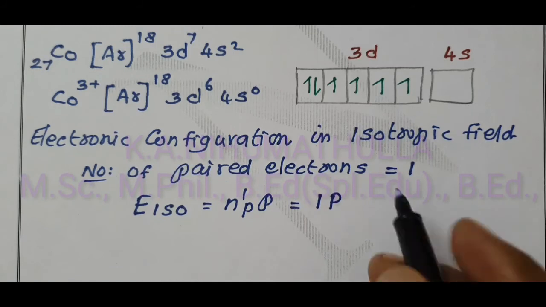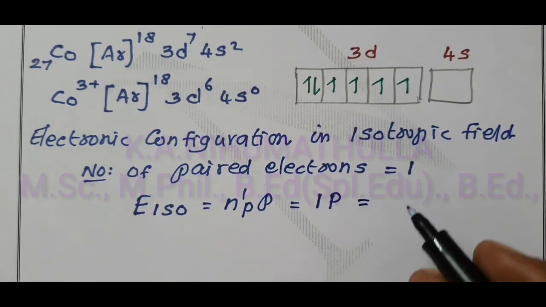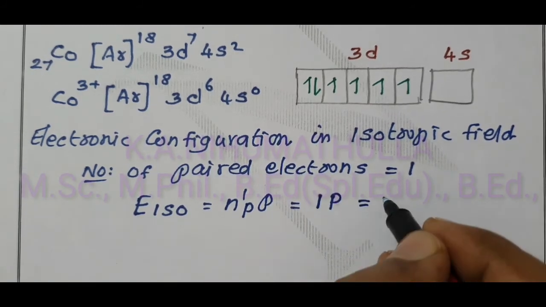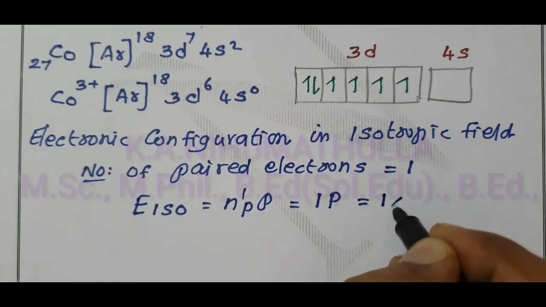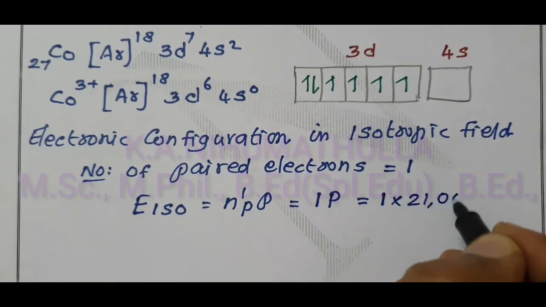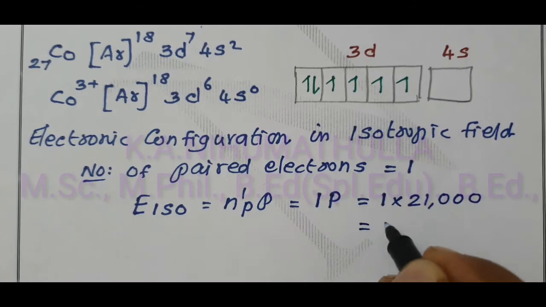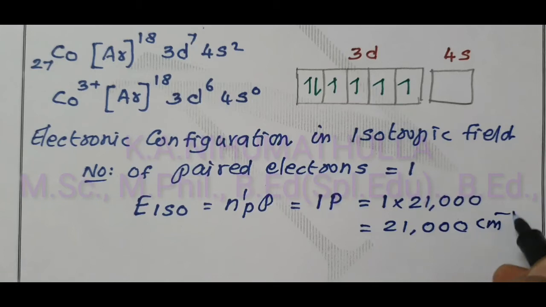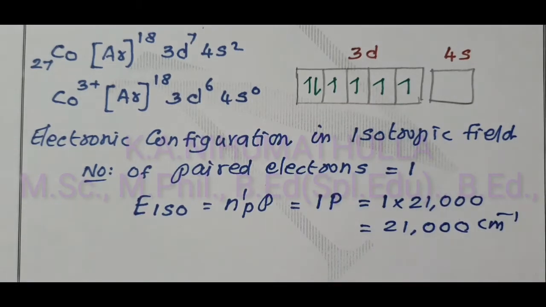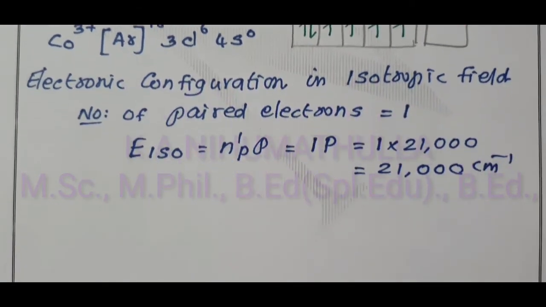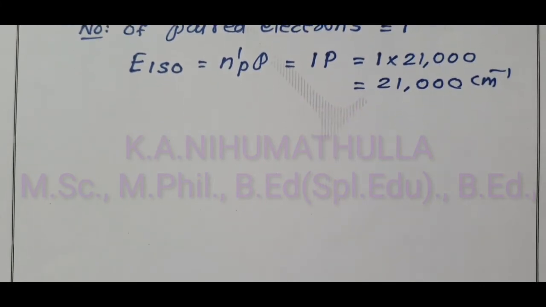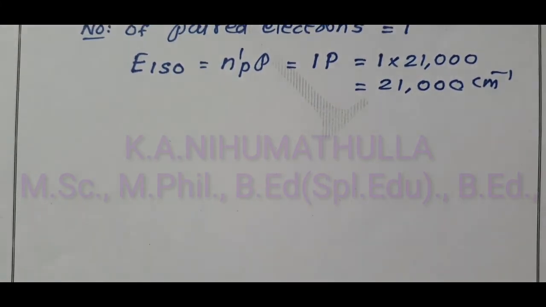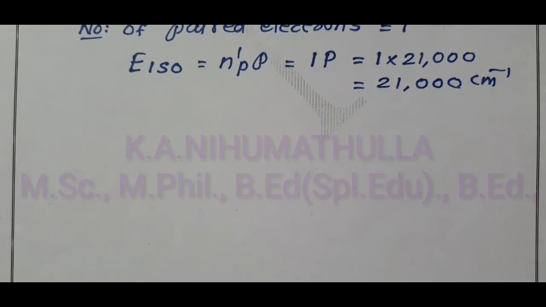The pairing energy is given in our problem, 1 into 21,000, that is equal to 21,000 cm^-1 for one paired electron in the isotropic field. Now come to the ligand field calculation: the crystal field stabilization energy, CFSE, we are going to calculate.